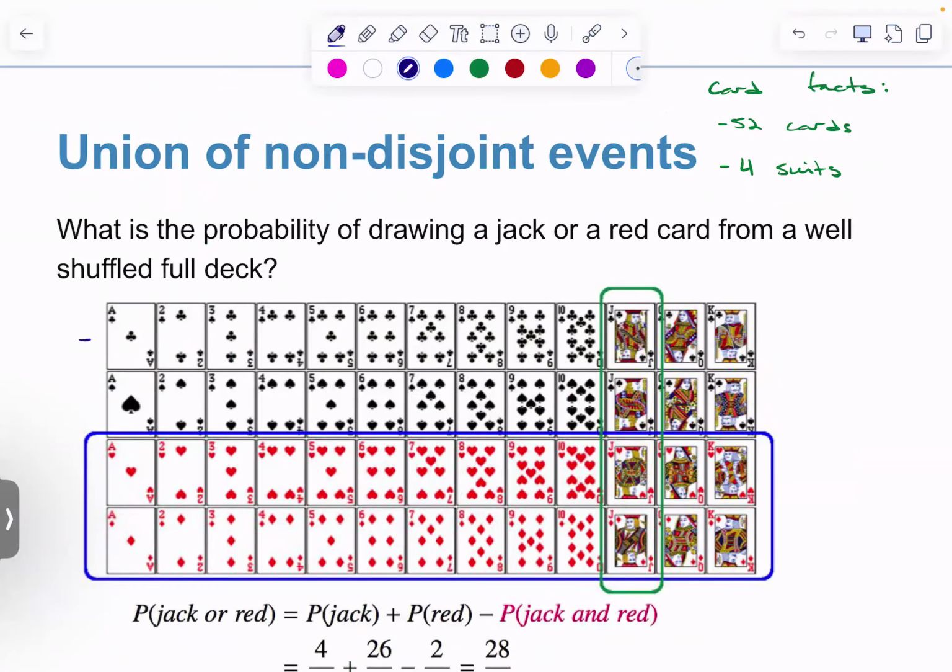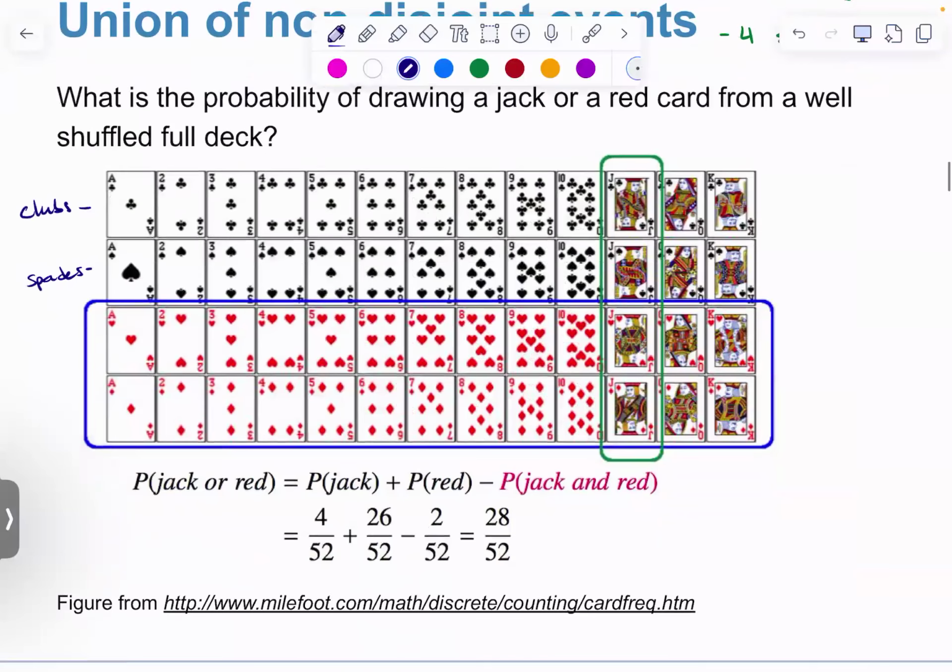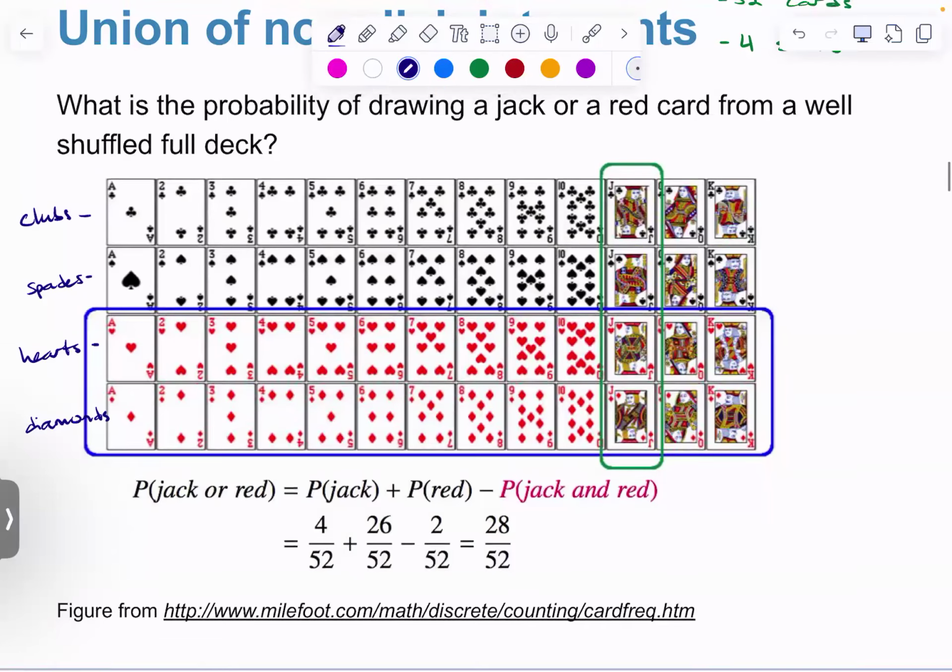So here, what did we say? These are clubs, spades, and then the hearts and the diamonds are kind of quick wins. So I'd try to stick with those.